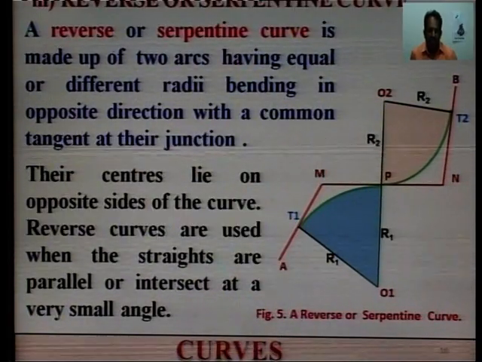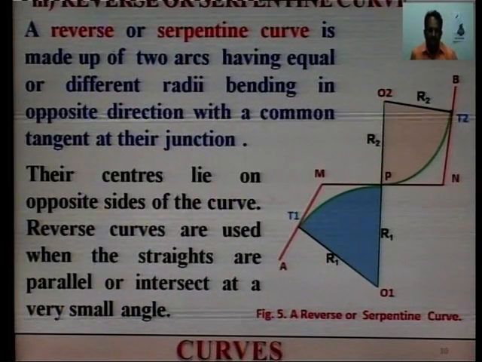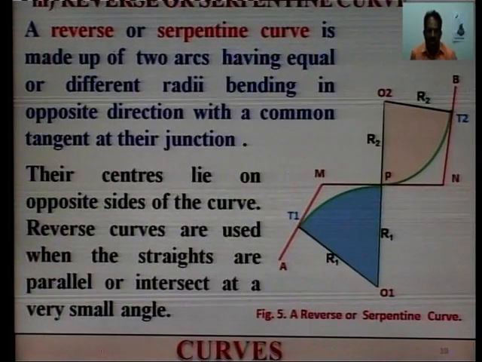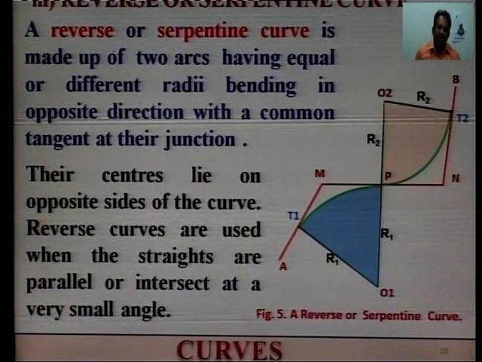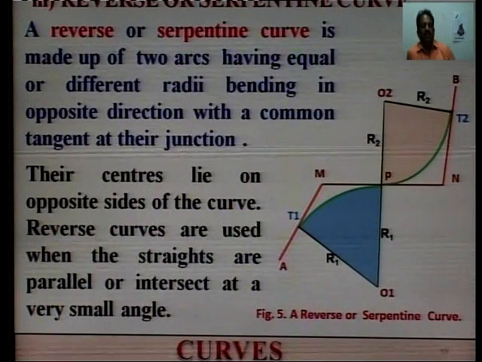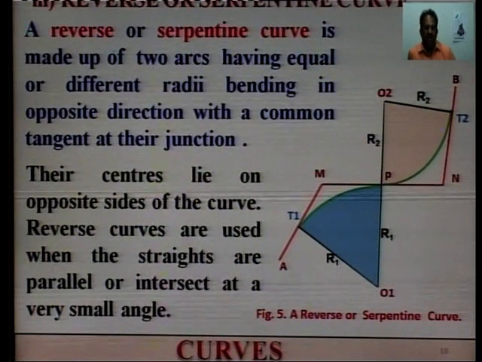Reverse curves are used when these straights are approximately parallel or intersect at a very small angle. That is, reverse curves are used generally when the straights AB and BC are parallel or intersect at a very small angle.